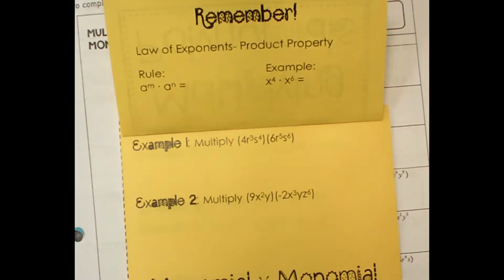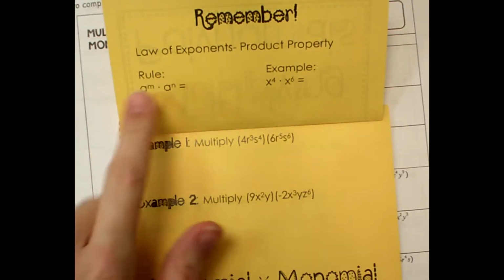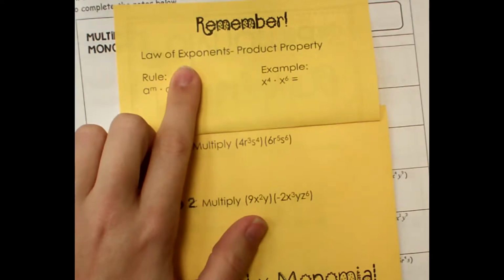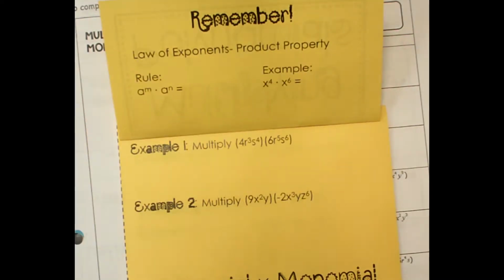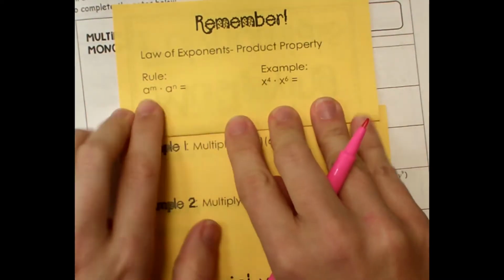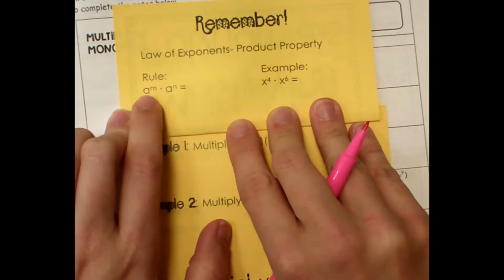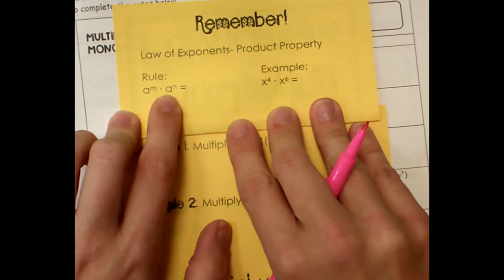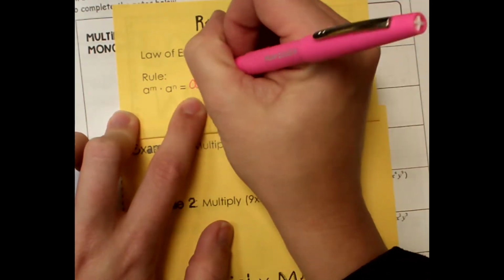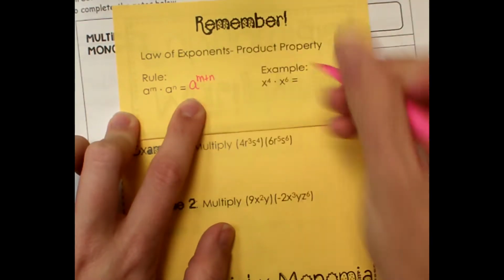So before we continue with multiplying polynomials, we need to make sure that we understand the law of exponents, the product property. Our rule is that if you have a to a power, remember this is called an exponent or a power, the m and the n, what you want to do when you multiply them together is you want to add the numbers.